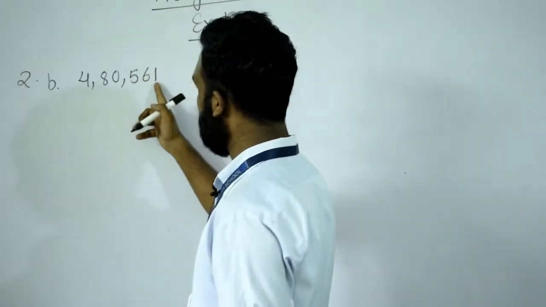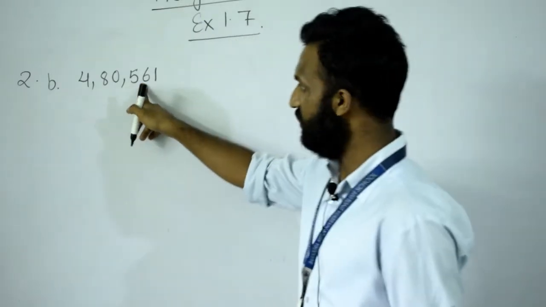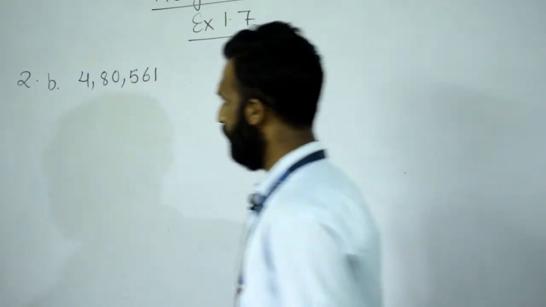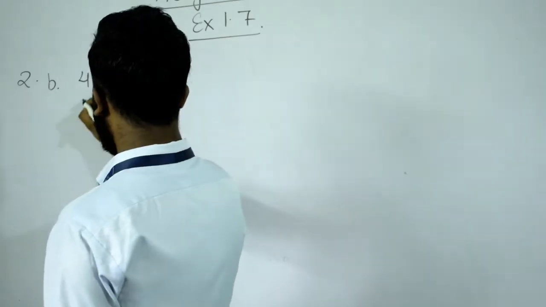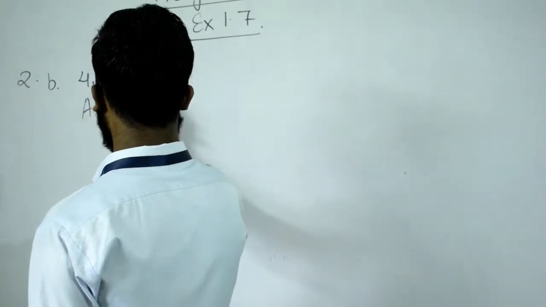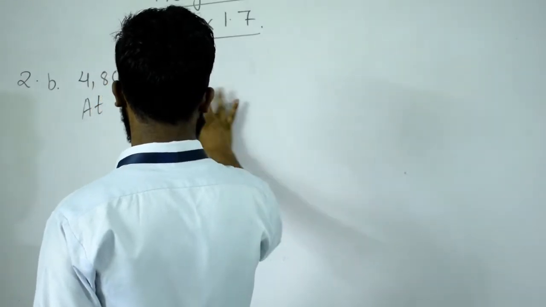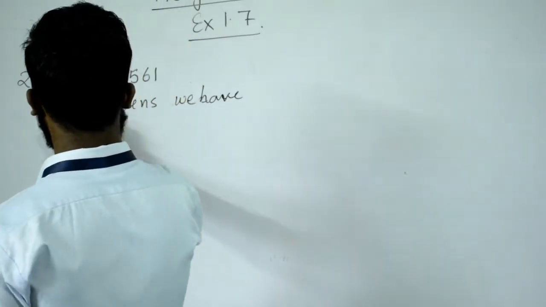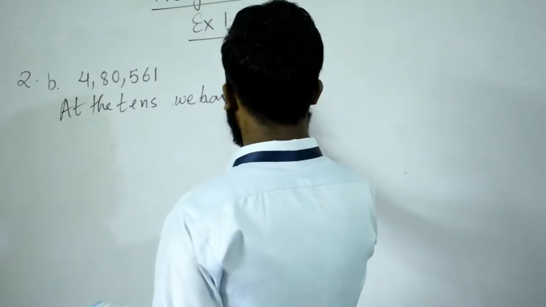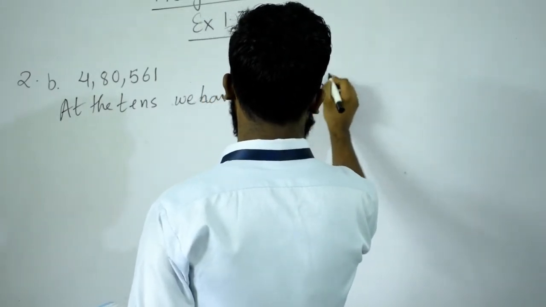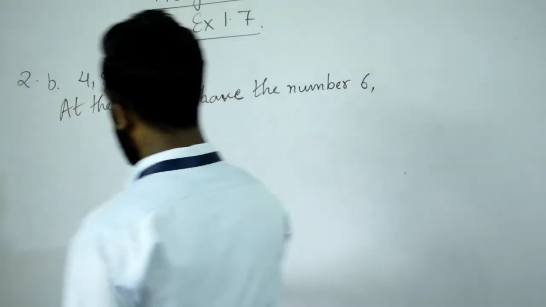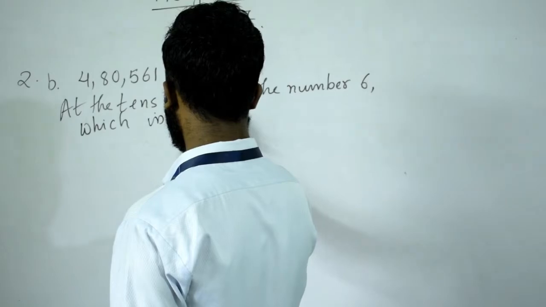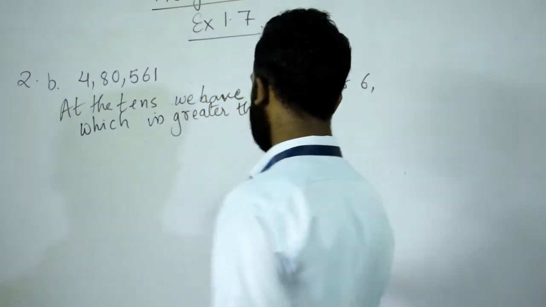To find the nearest 100, we check the tens place. At the tens place, we have 6, which is greater than 5.